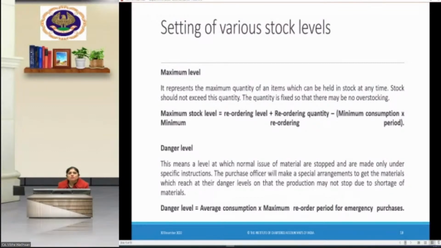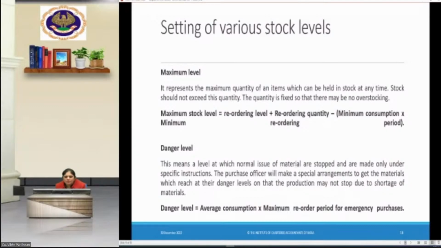When we reach the danger level, normal production stops and material is issued only for emergency orders. And of course, we should never reach a danger level. That's why the levels of stock guide us on when to place the next order, so that this situation should not arise.